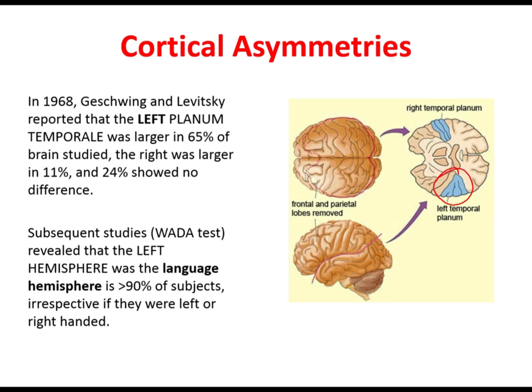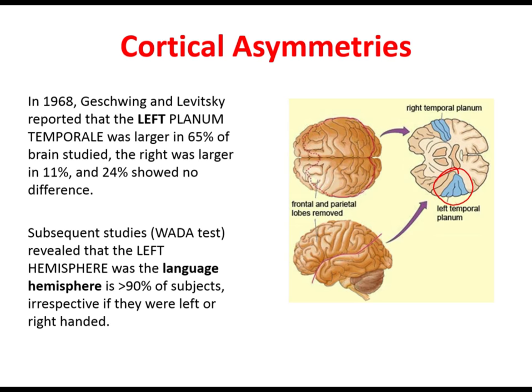From skulls, it seemed that the left planum temporale was probably larger than the right. So these cortical asymmetries favoring the left lobe predate birth, and also predate humans' use of language, which is estimated to be about 100,000 years ago.